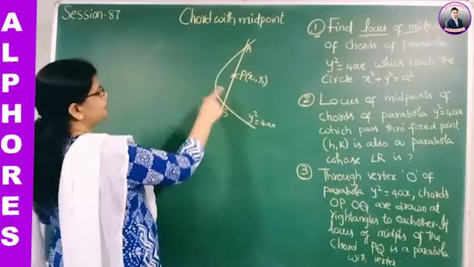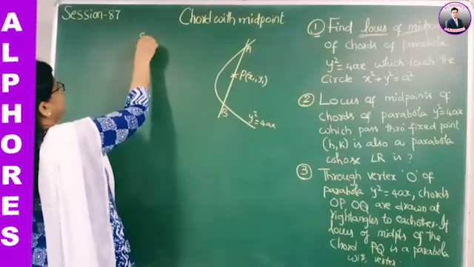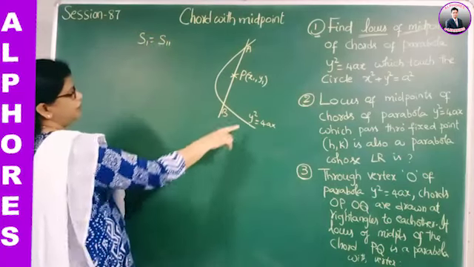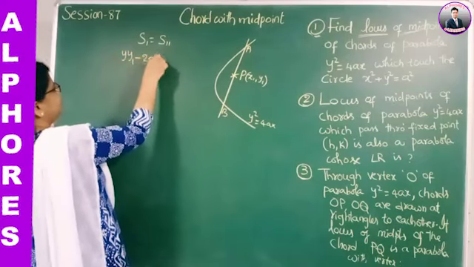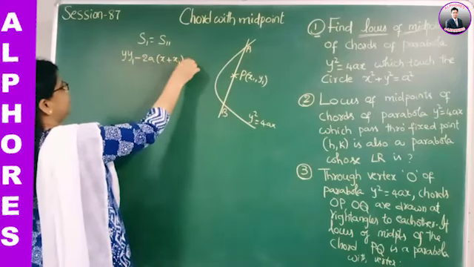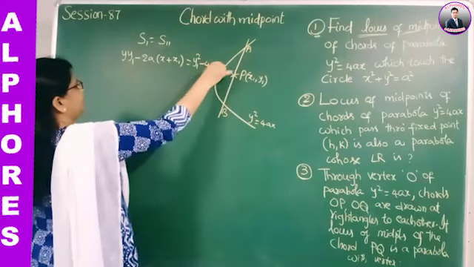First let us find the equation of the chord, which is S1 is equal to S11. For this parabola it is y1 y minus 2a into x plus x1 is equal to S11, that means y1 square minus 4a x1.